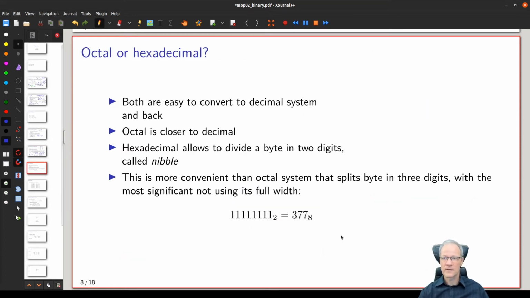All right. So should we use octal or hexadecimal might be the question. Both are easy to convert, as we just found out. Octal is a bit closer to decimal. From 8 to 10, it's pretty close.